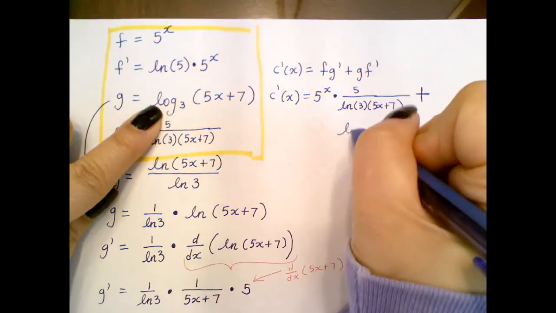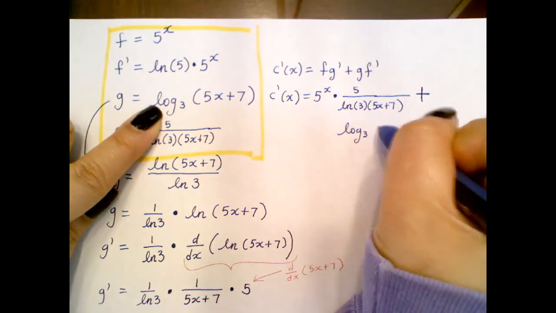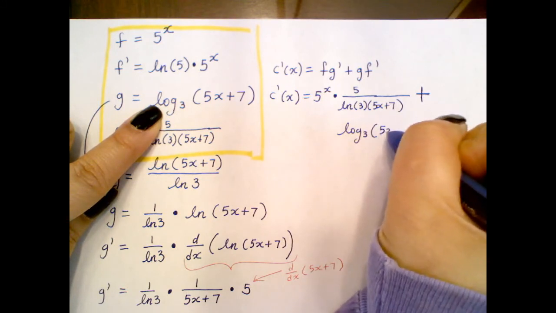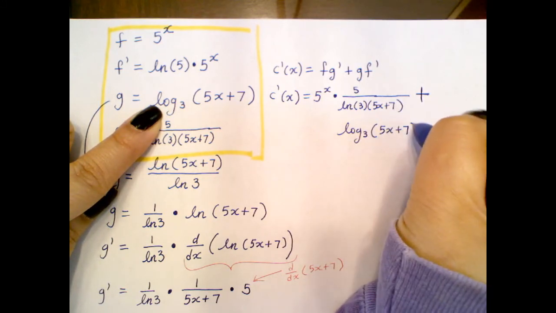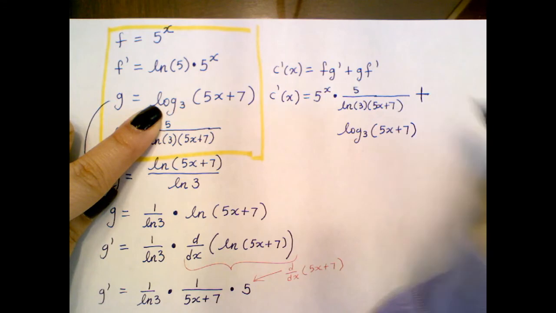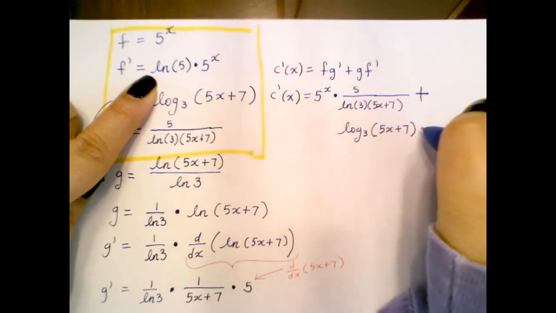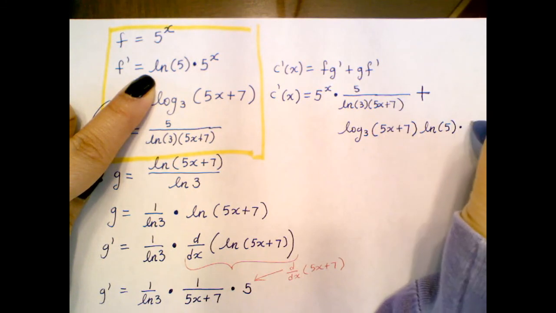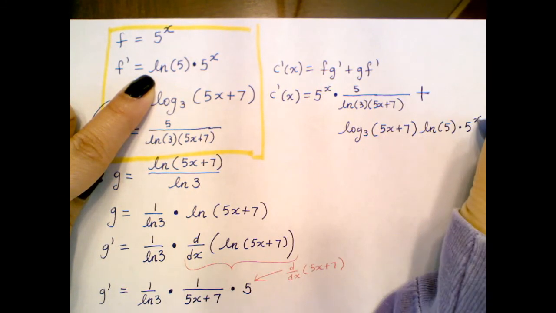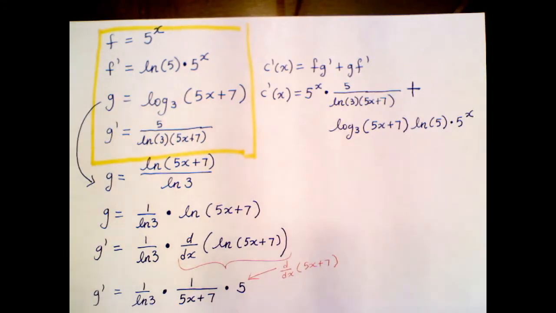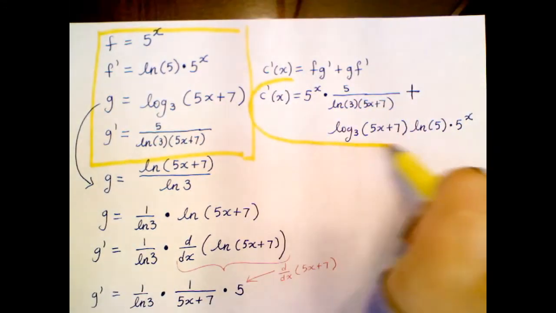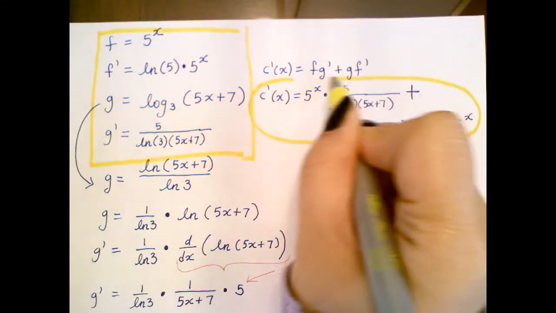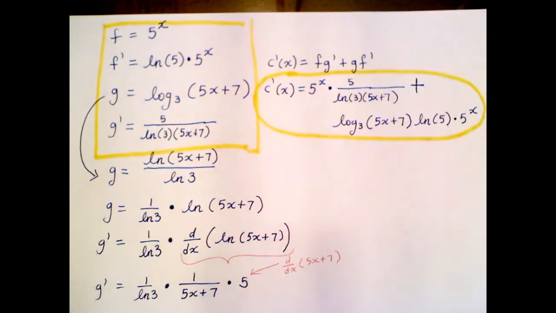G is log base 3 of 5x plus 7, and that's getting multiplied by f prime, which is natural log of 5 times 5 to the x. And that is the c prime, guys. So this is our answer. Ooh, that was super. I liked it.